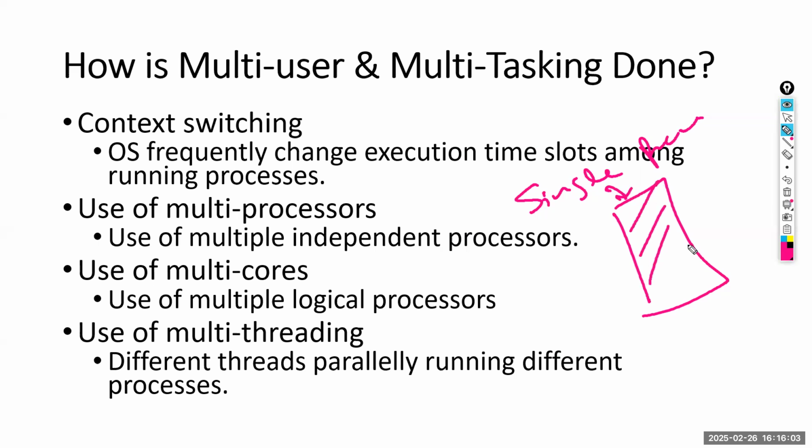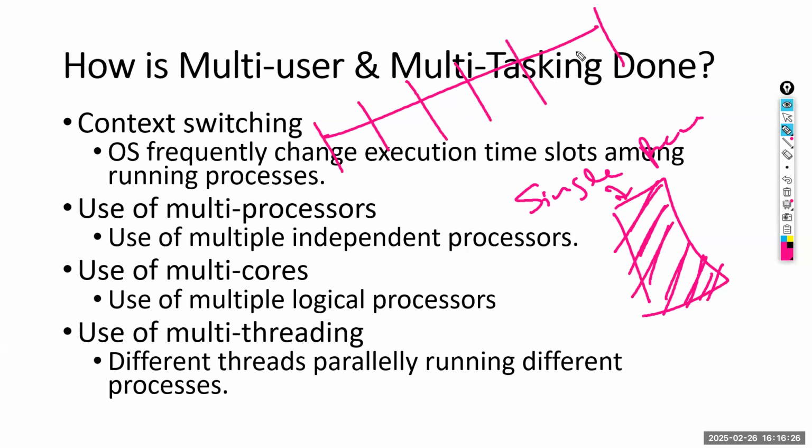If you have only one processor, at a time only one program can be run. So how do you do multitasking? The simple answer is your operating system breaks the time into small time slots, and different programs are given different time slots.